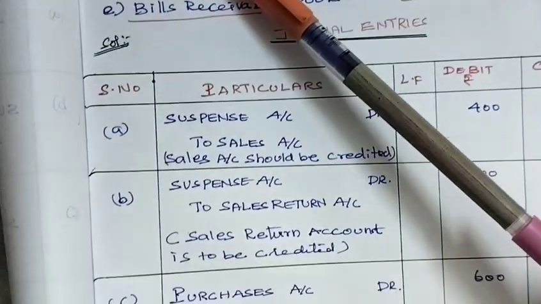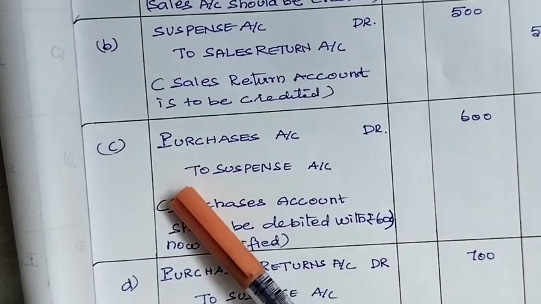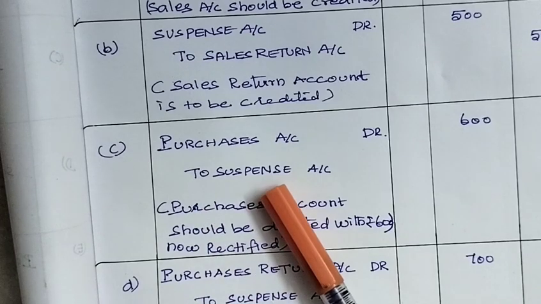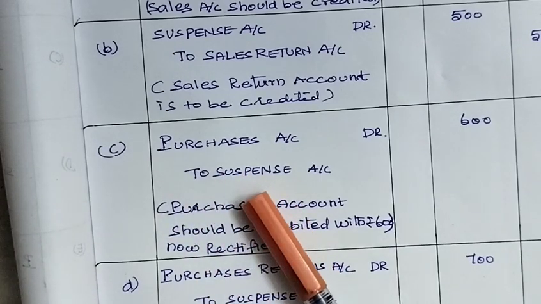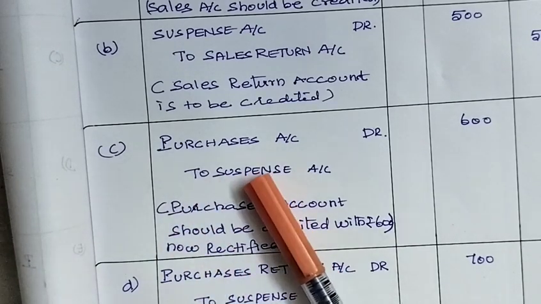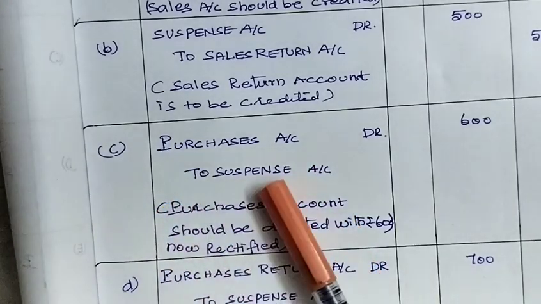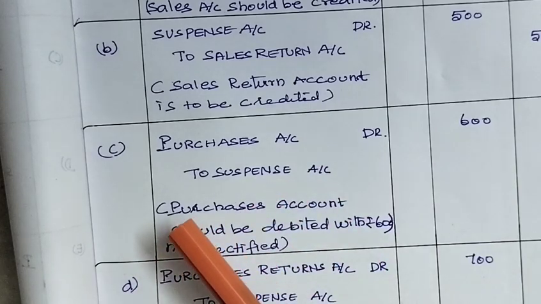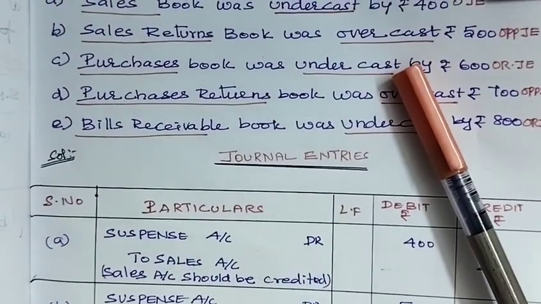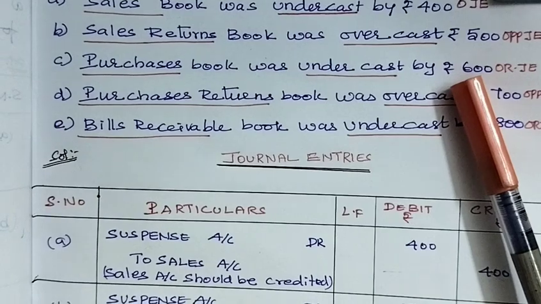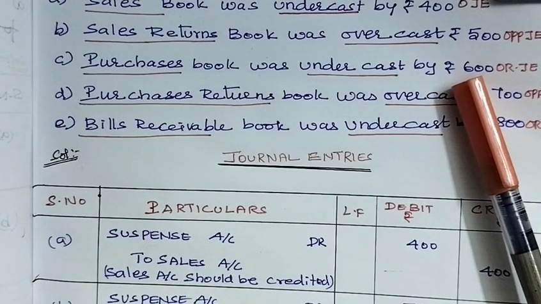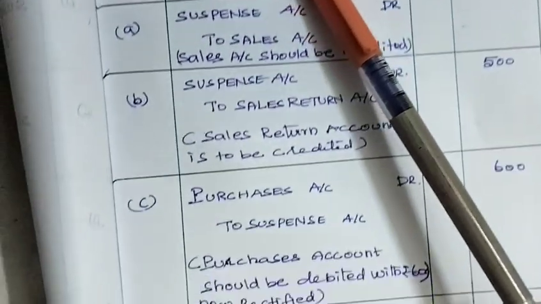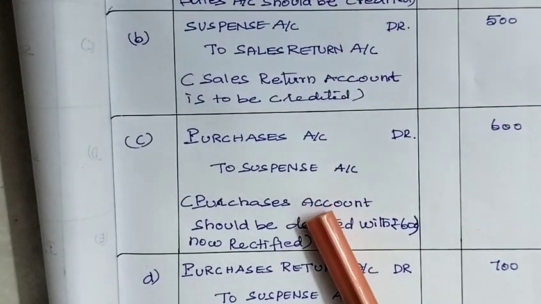So in the original journal entry you write purchases account Dr. 600 rupees. You have to use the suspense account on the credit side, to suspense account 600 rupees. The purchases book was undercast by 600, now we debited the purchases book and the error will be rectified.